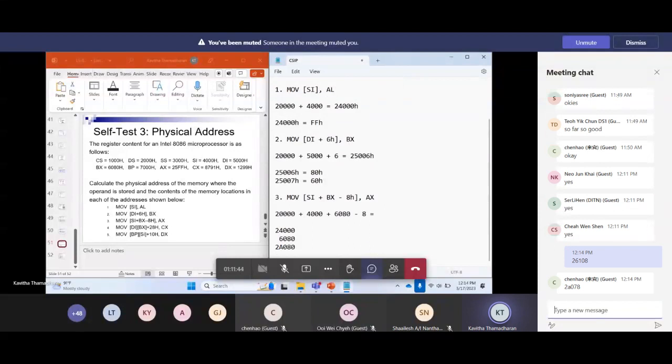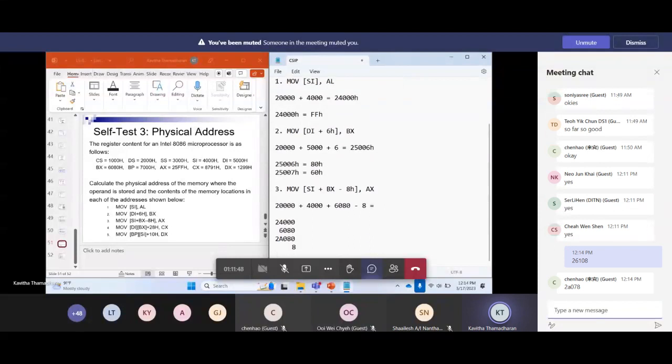Then you minus 8. When you minus 8, you are actually doing 16 minus 8. Each one of these values is actually 16 because it's in hexa. So remember, this is hexa, hexa, and hexa, right?